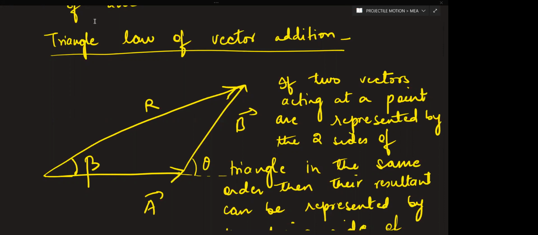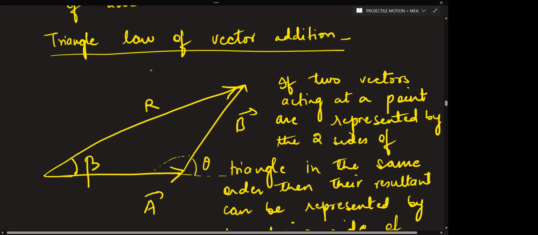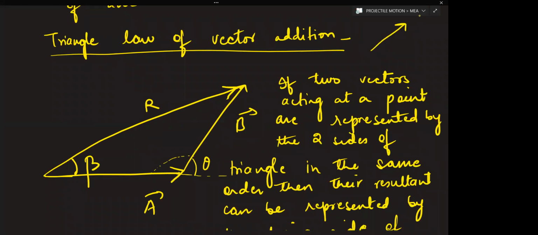Ma'am, why did we take theta as the exterior angle? Theta is actually the angle between vector A and vector B. So how will you draw it right now between them? This angle is made between the head and the tail. When we use the parallelogram law or any vector laws, it's actually the angle that is made between the tails.